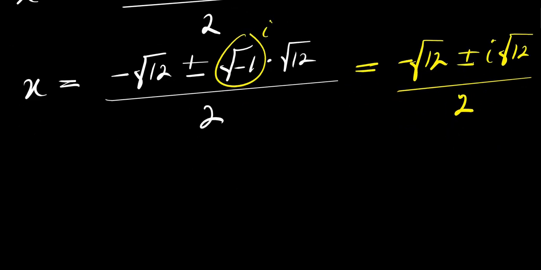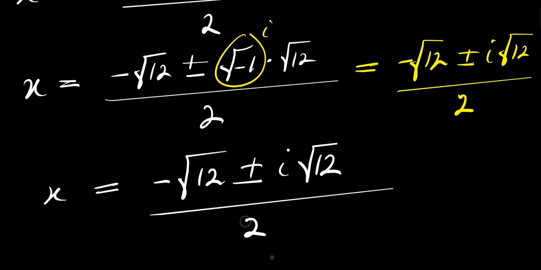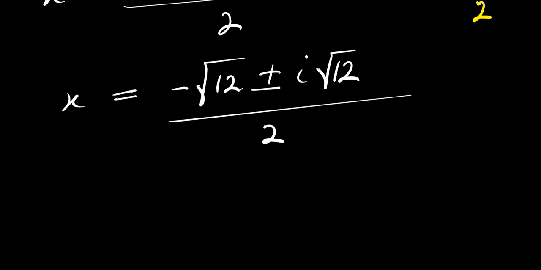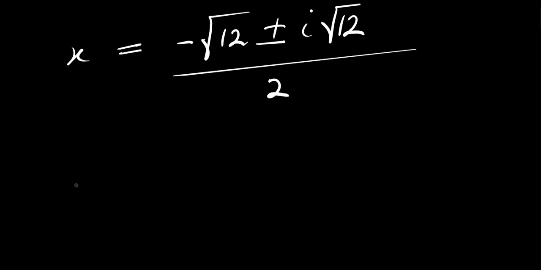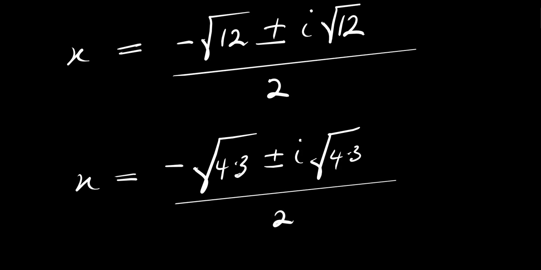So from here, you have x equals negative square root of 12 plus or minus i times square root of 12, divided by 2. Now, 12 is 4 times 3. So we have x equals negative square root of 4 times 3 plus or minus i times square root of 4 times 3, divided by 2.